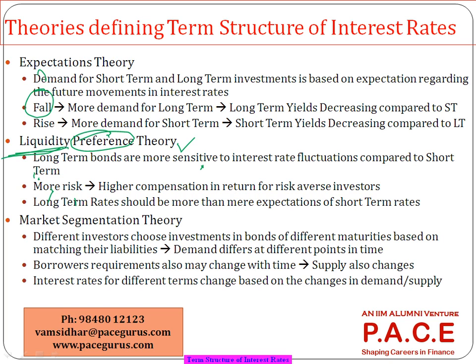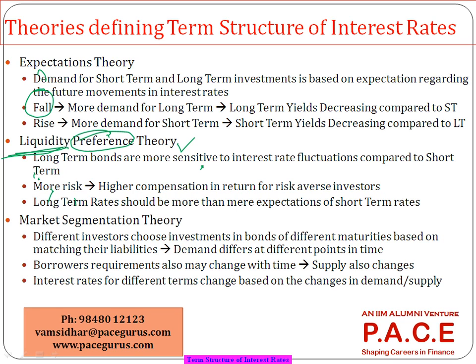Let's say if something is getting matured tomorrow versus after 1 year. For tomorrow itself, the chances of major fluctuation in the interest rates from today is much, much lesser. Whereas if I'm looking at after 1 year, the chance of a major fluctuation is very much possible.